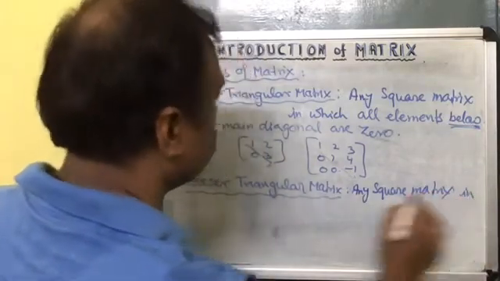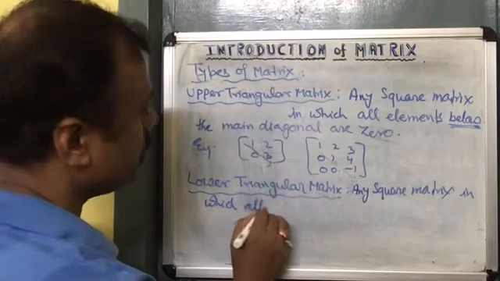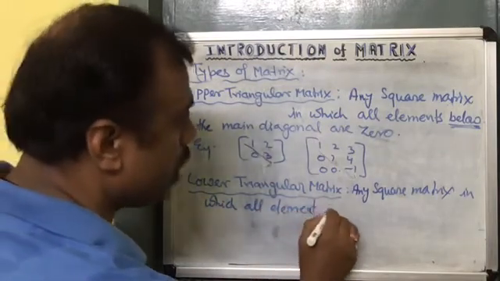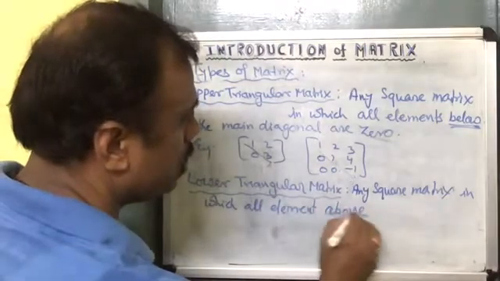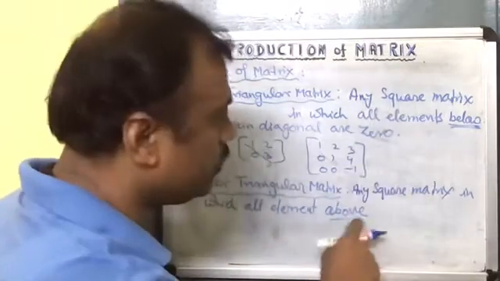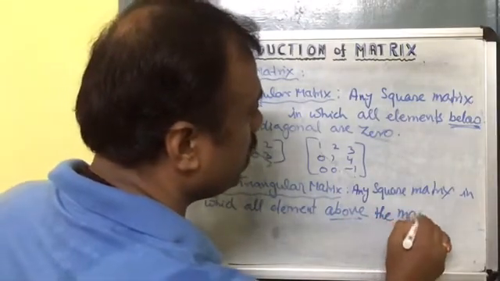Similarly, we can define any square matrix in which all elements above the main diagonal are 0; here I have taken lower, so we take above the main diagonal.